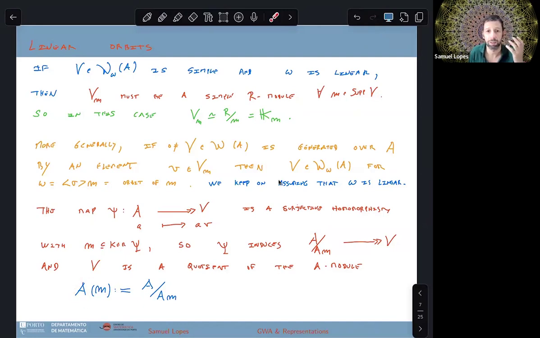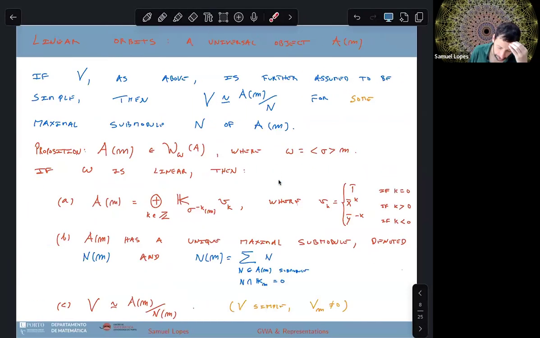In particular, in the case of finite dimensional modules, we know that they will always have some weight. So this is nice.